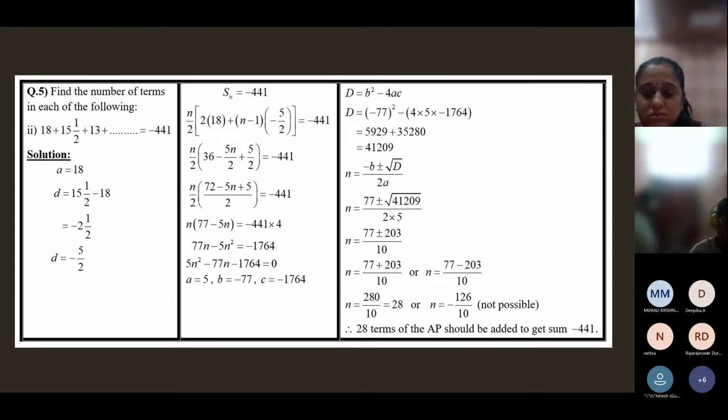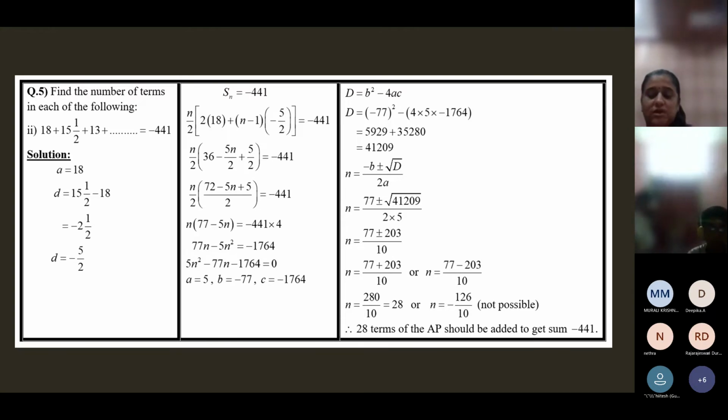Tarun, to find the square root of 41,209, you estimated it, is it?